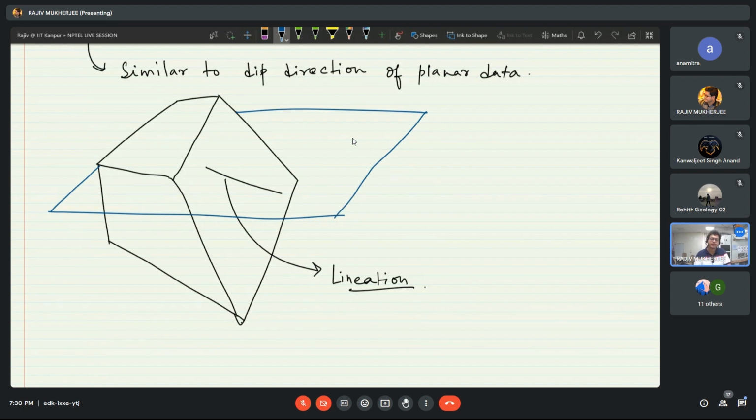And we simply project this line onto this plane like this. If this is the intersection point of this projection line, we simply draw a line like this. So this is the trend.